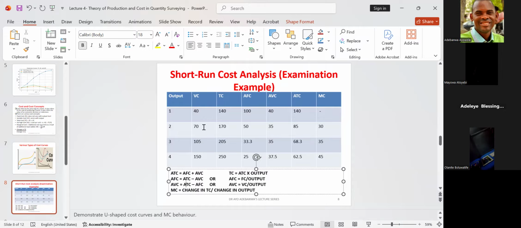Variable cost. So you go to the formula of variable cost. Variable cost will be total cost minus fixed cost. That is the formula. Look at it here.